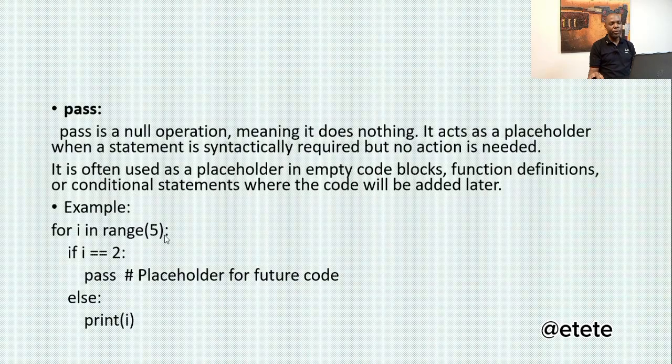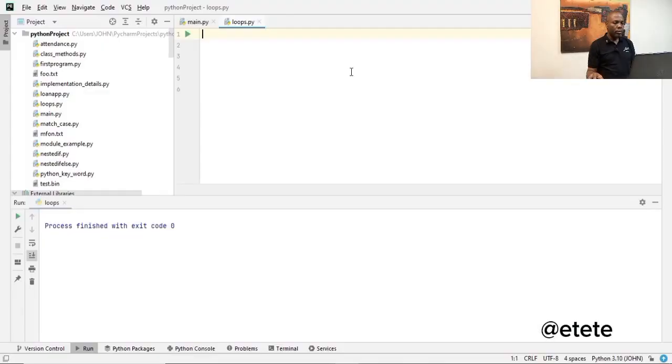Example: for i in range, if i equals 2, pass, placeholder for future code, else print i. So practically we are going to see this using our PyCharm, and that will be the end of control statements. So let's go into our PyCharm and practically demonstrate these 3 control statements.